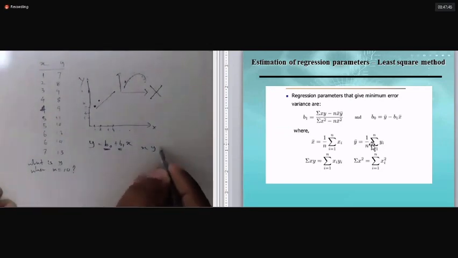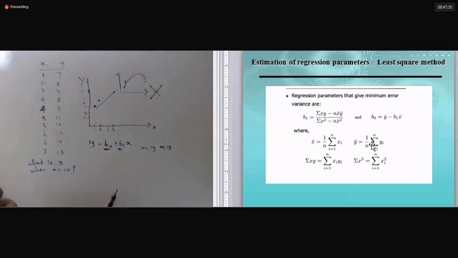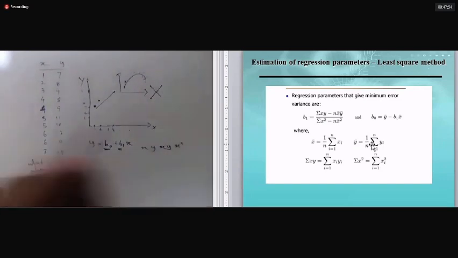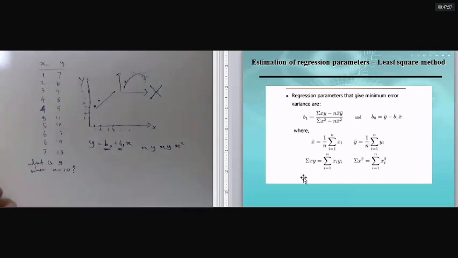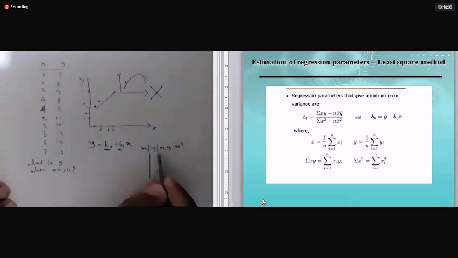Then you need xy, and you need x square. Then you have these x values 1, 7, 2, 8, like that.